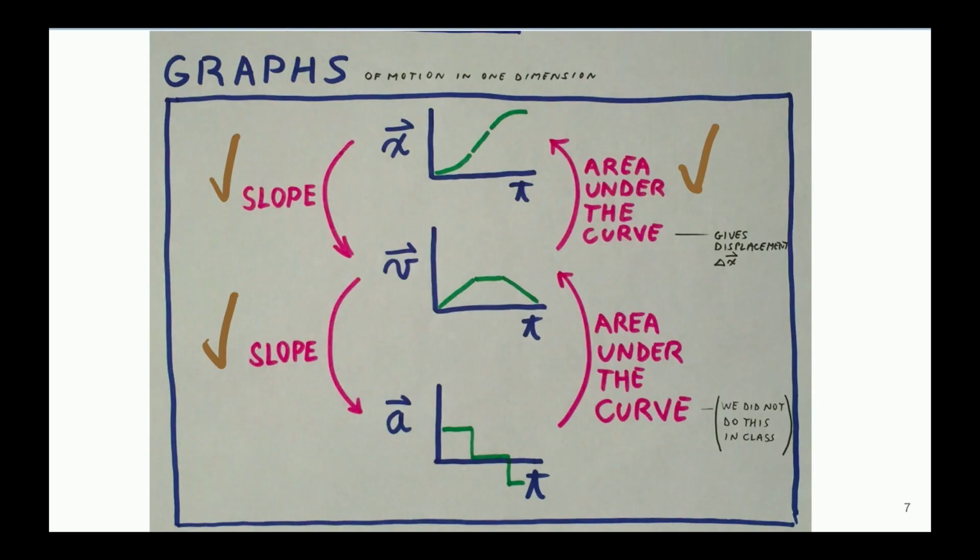What we didn't say, and we're not going to really study, but I think it's an interesting thing to point out, is that it's also true that the area under the curve of an acceleration time graph gives you change in velocity. Not velocity explicitly, but change in velocity. I won't say anything more about that, but as you study physics, the more you look at that, the cooler it will be.